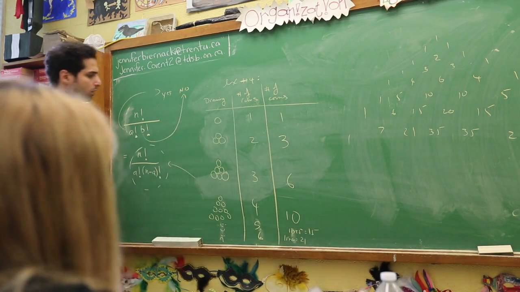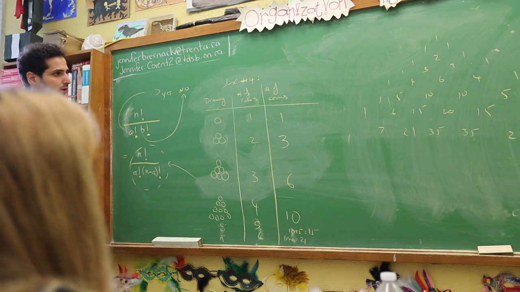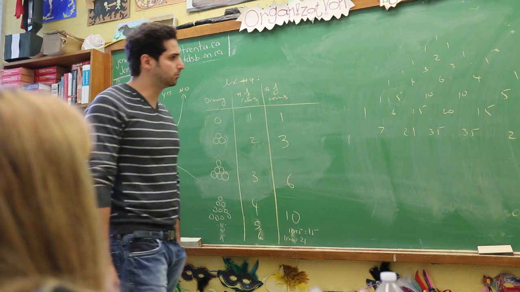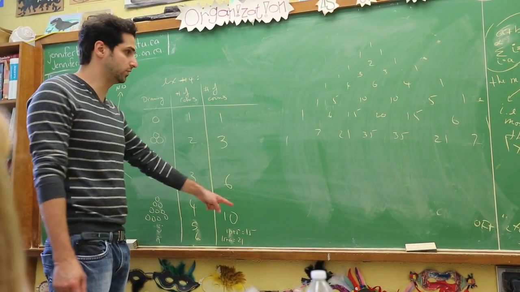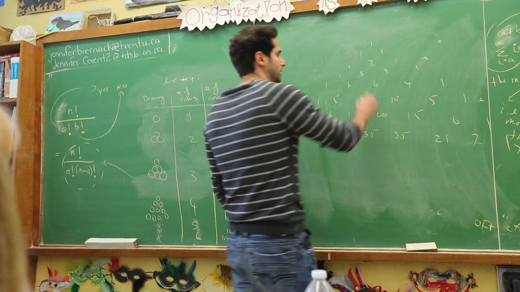If we're looking for 1, 3, 6, 10, 15, 21, I see a 1, I see a 3, I see a 6, there's a 15 and 21. So I see it running down this way.